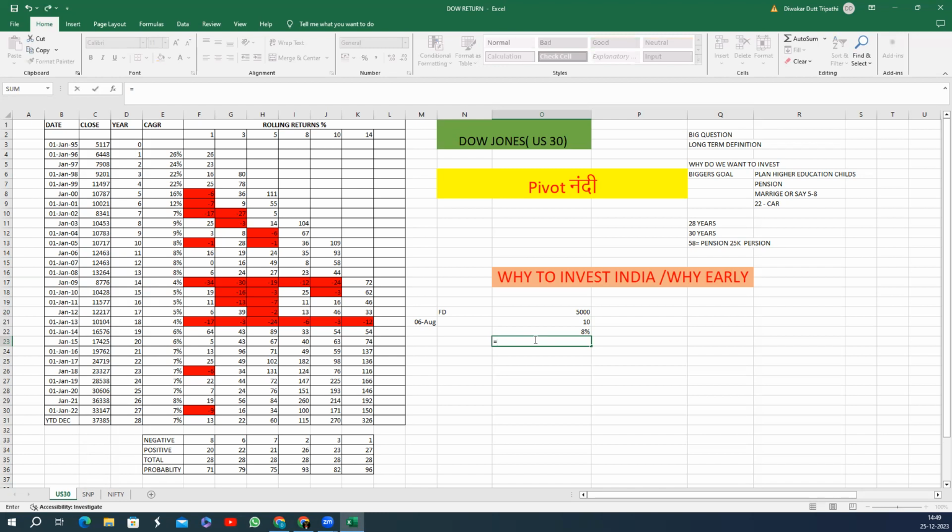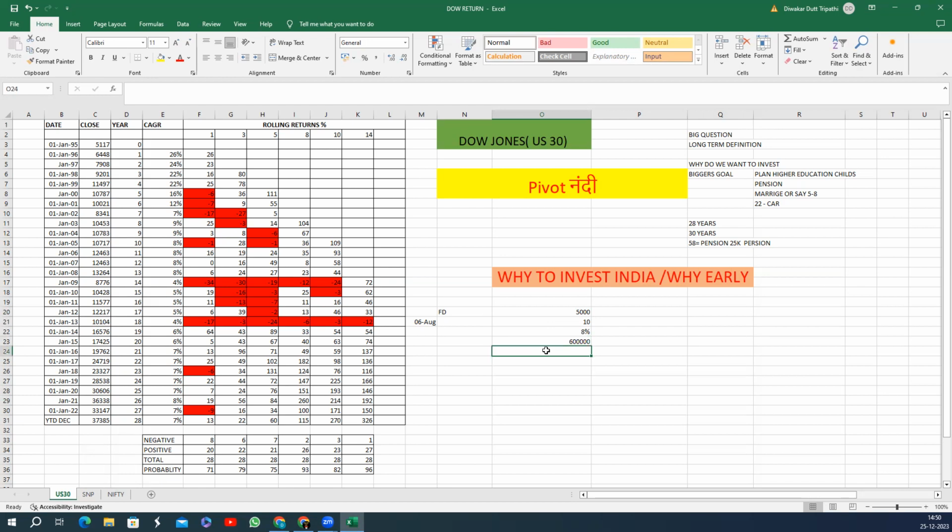So here the one good thing is, we are investing 5,000 rupees for how much period? For 12 months, for 10 years. That person is investing 6 lakh rupees in a 10 year period.